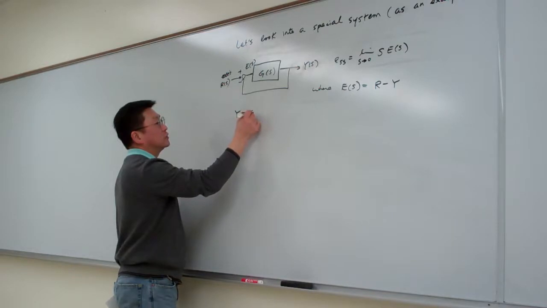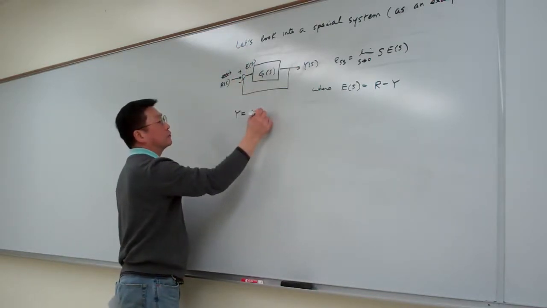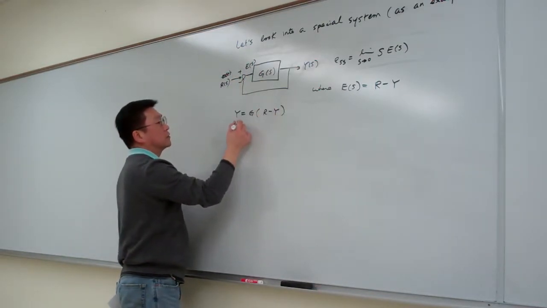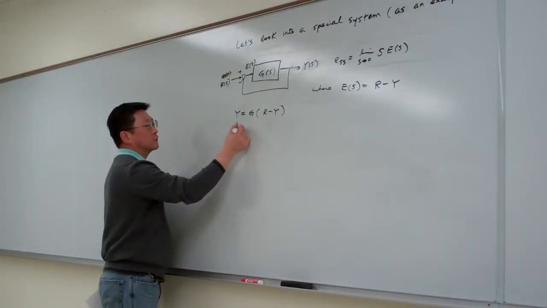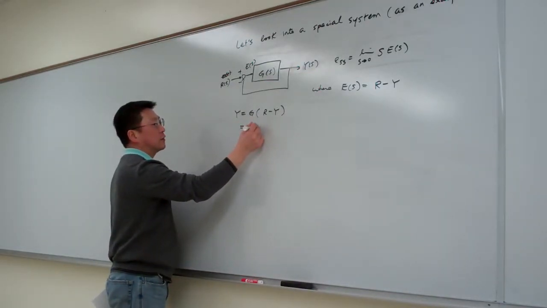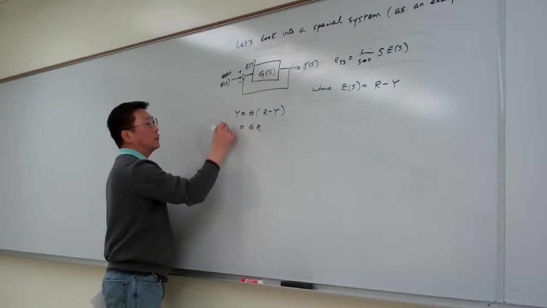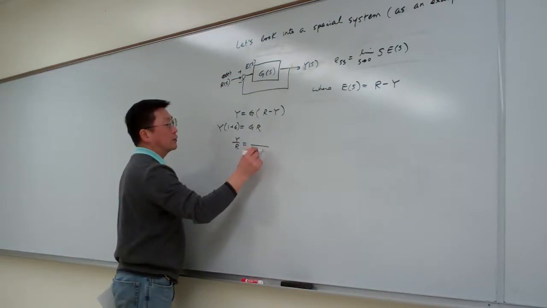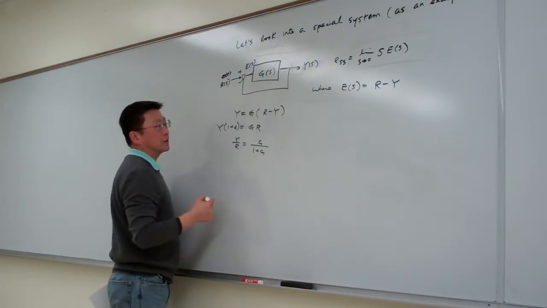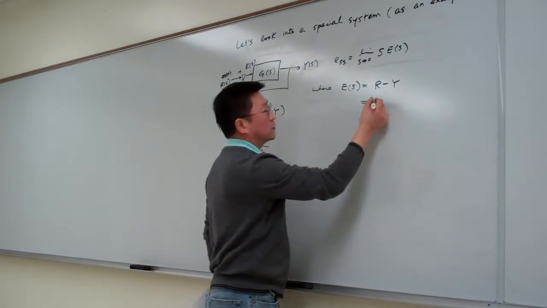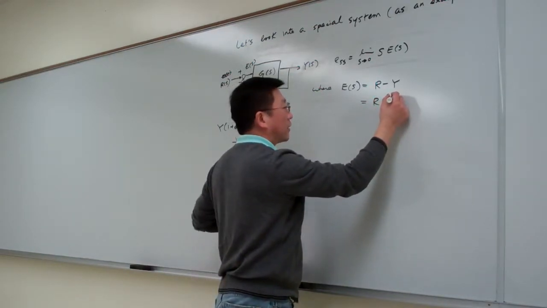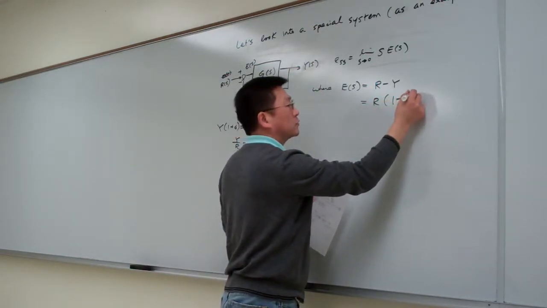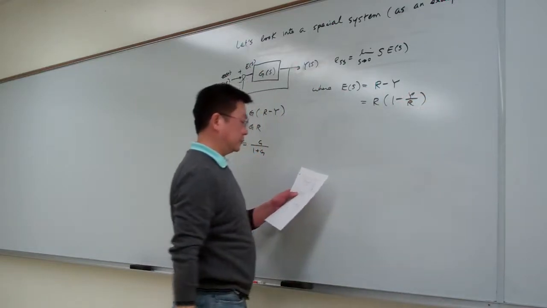Y equals G times E, equals G times (R minus Y). So here we can find the transfer function from R to Y: Y over R equals G over (1 plus G). Okay. So here we can do these simplifications: E is R minus Y, which is R times (1 minus Y over R).